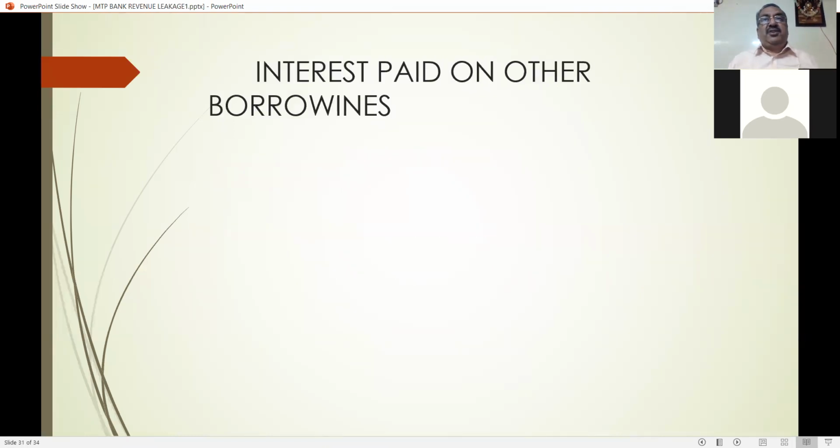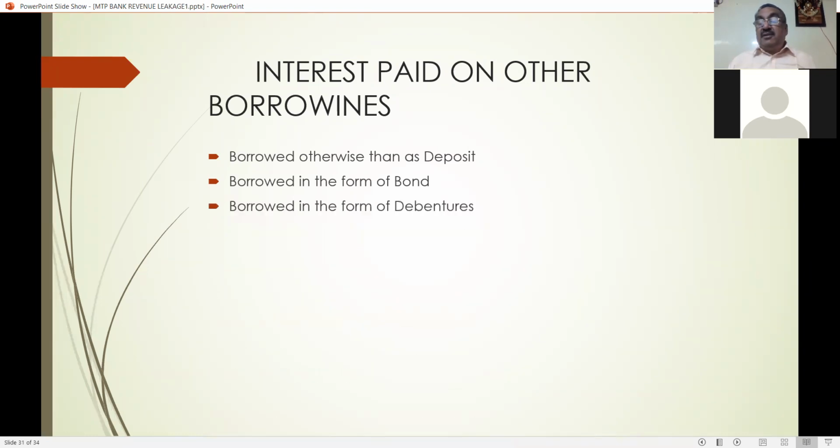And now, interest paid on other borrowings, that is, borrowed otherwise than as a deposit, in the form of a bond. If the banks issue any bond, that is money they have to pay. They can also borrow in the form of debentures. All are included in other borrowings.